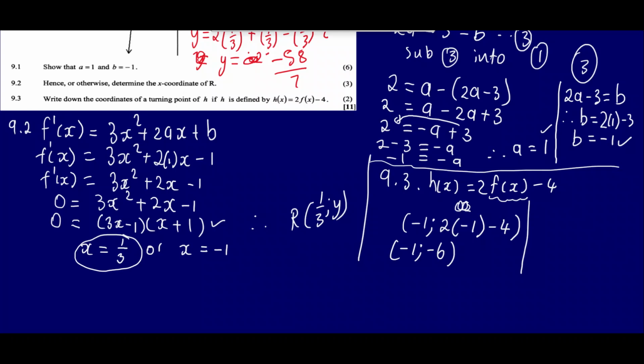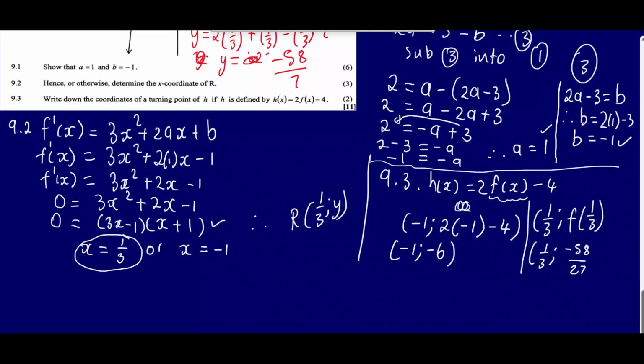So how do we get the other coordinate? We got one coordinate here now. The other one, the x value is 1/3 and the y value is going to be -58/27, right? But now if we transform it, the original one is 1/3, -58/27.